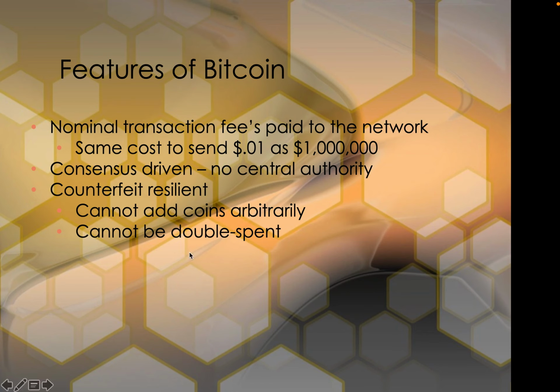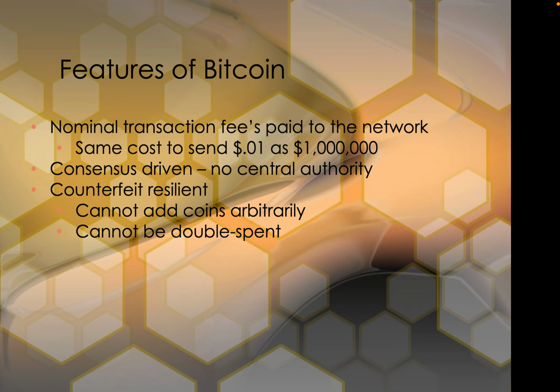And it's not just counterfeit resilient. It actually guarantees that one cannot add coins arbitrarily. So even though there's no central bank, you won't have high inflation. This is really important. Also, one cannot double spend. This is really important as well, because for any payment system, the most fundamental question is, can we double spend?